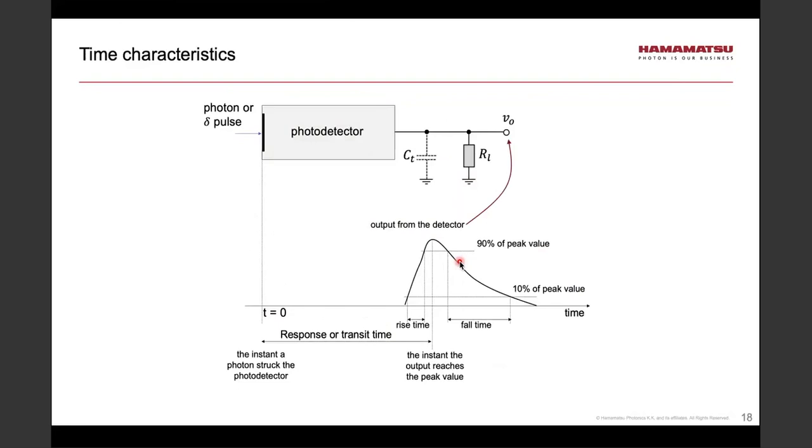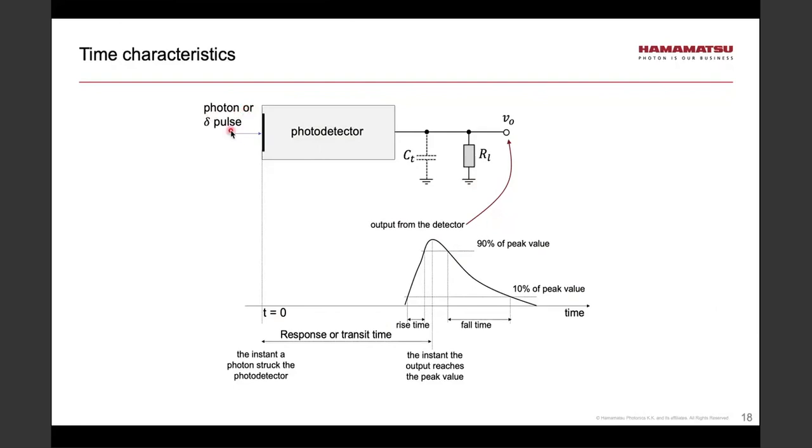So let us now spend some time discussing time characteristics of our generic photodetector. Here it is, and we are going to illuminate this photodetector with either a single photon, or if that's not possible, with a delta pulse.